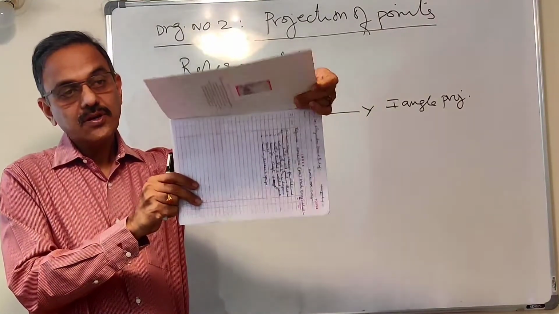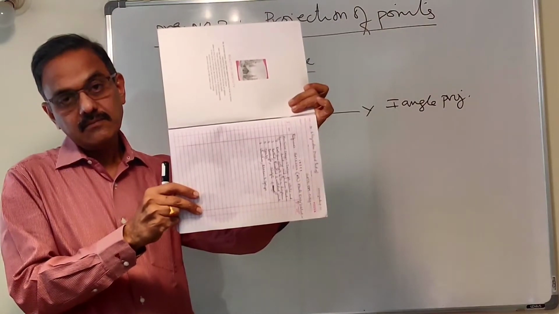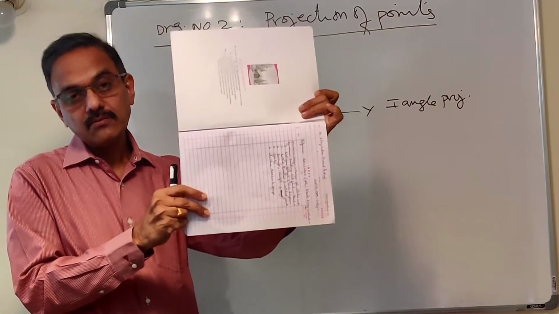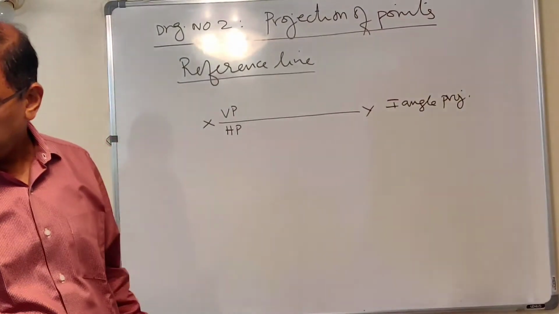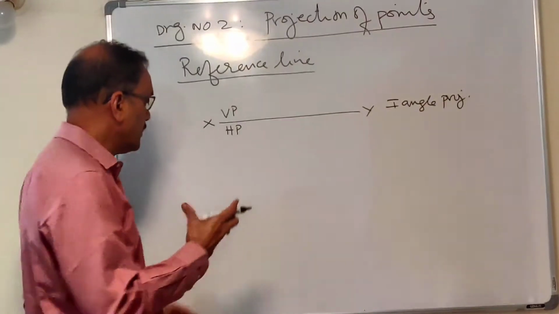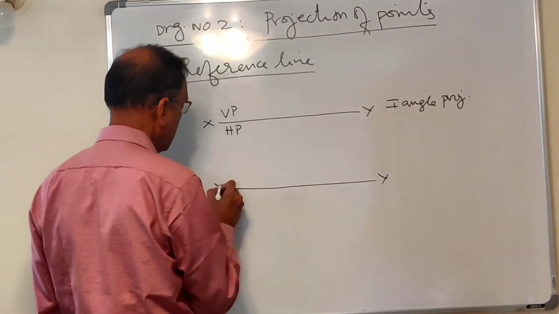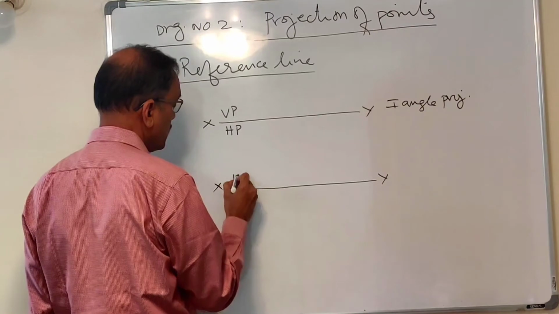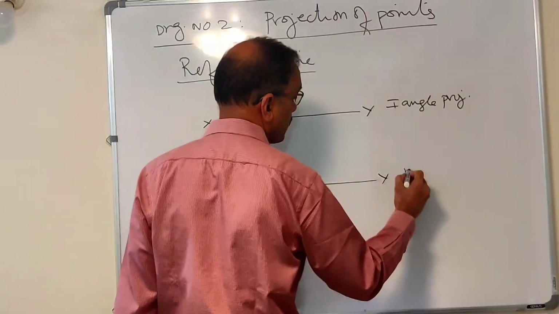Imagine that the roof is rotated by 90 degrees and brought into the same plane of VP. So HP is on the top now. And when you write the reference line, XY once again, but you write HP here and VP here. This is for third angle projection.